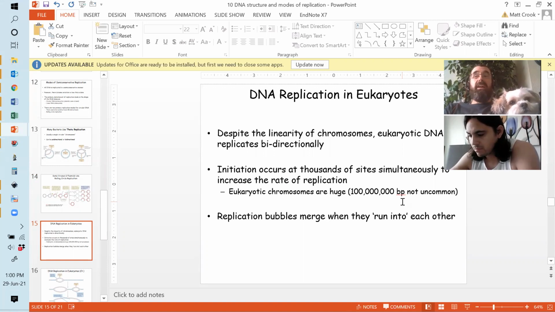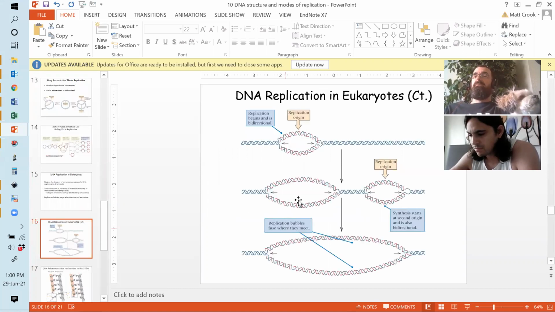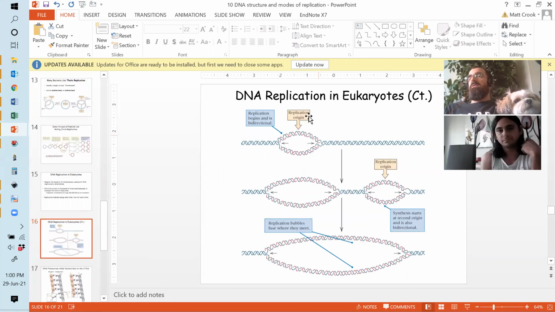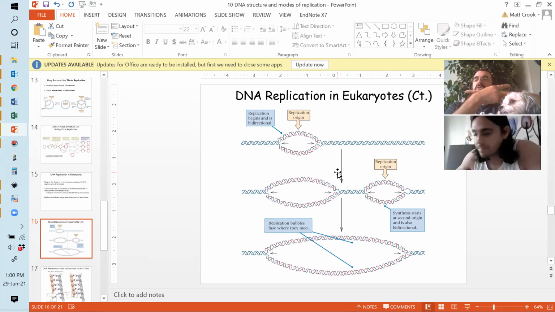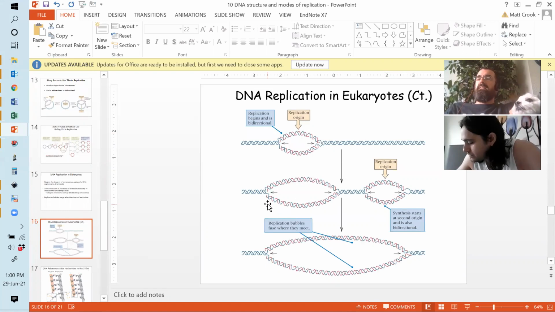And so you can potentially have thousands of these sites of replication in eukaryotic linear chromosomes. Essentially those form many bubbles which merge when they hit each other. If you look at this, we have one replication origin here, and another one over here, so you have your bidirectional replication. Those forks expand outwards as that DNA is synthesized.